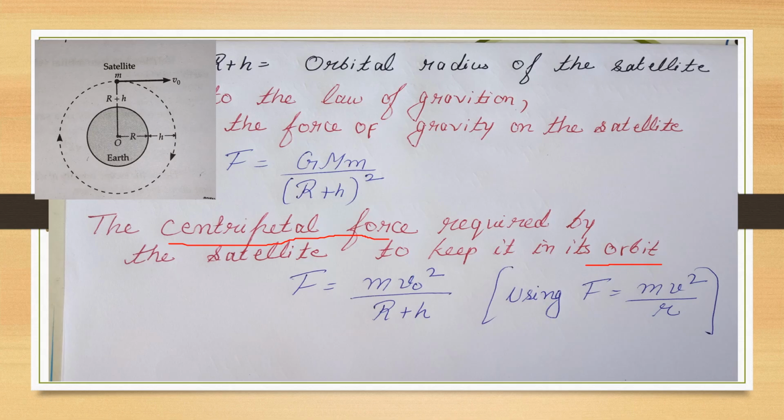We know the formula of the centripetal force, F is equal to m v square over R. In this case, the velocity v is equal to the orbital velocity of the satellite, so we use the symbol v0 square, and for the distance R, here the distance is R plus h. So we replace the R with R plus h.